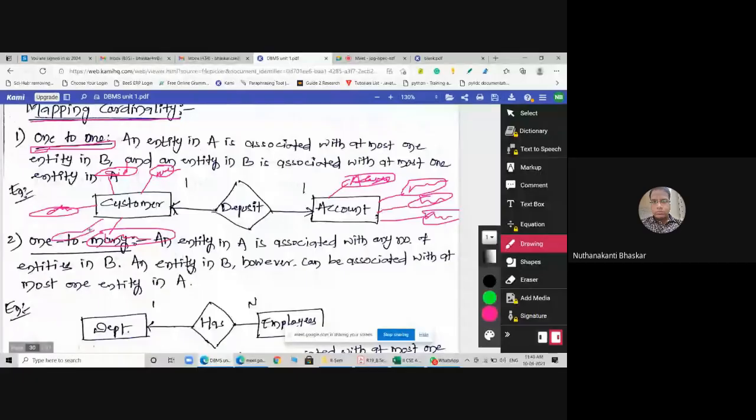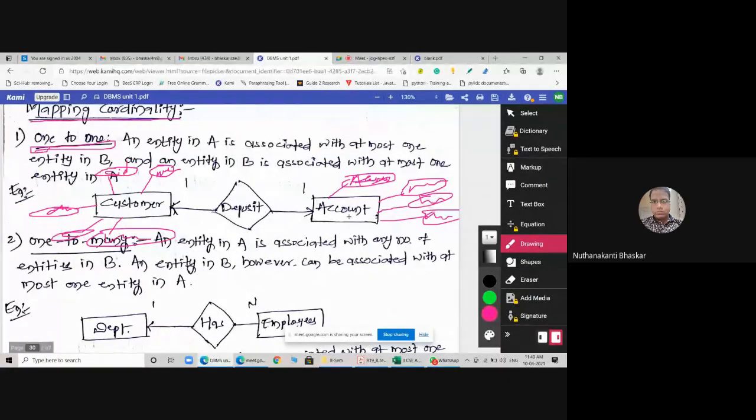Now, are you clear? Only one customer is going to deposit one account. One customer cannot deposit more than one account, or more customers are going to deposit one account, or more customers are going to deposit more accounts. The only chance is one customer is going to deposit to one account. Yes or no?